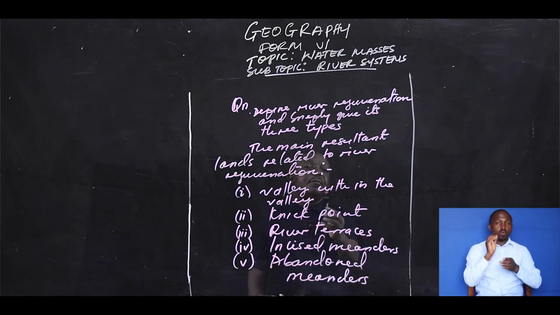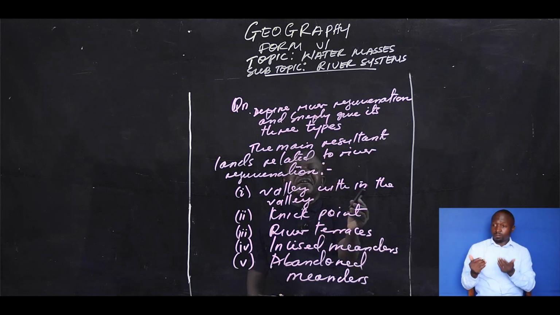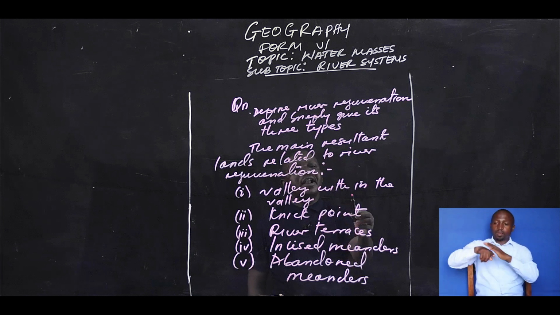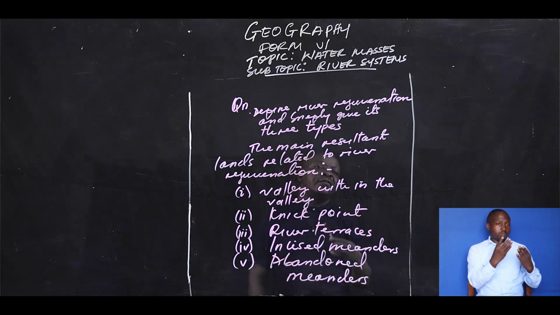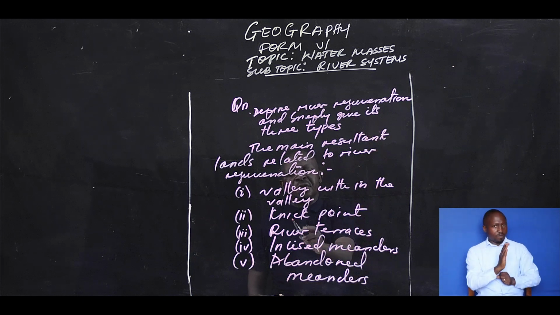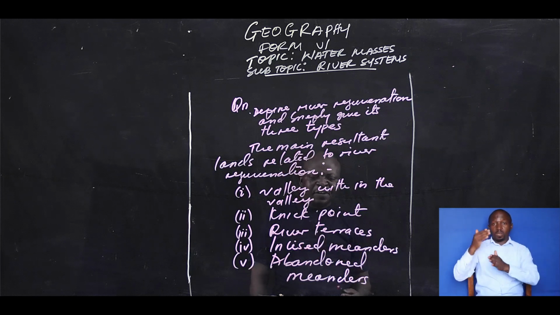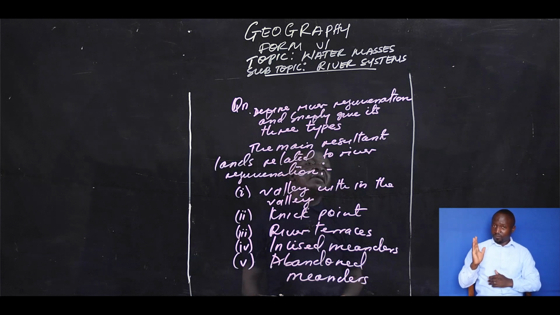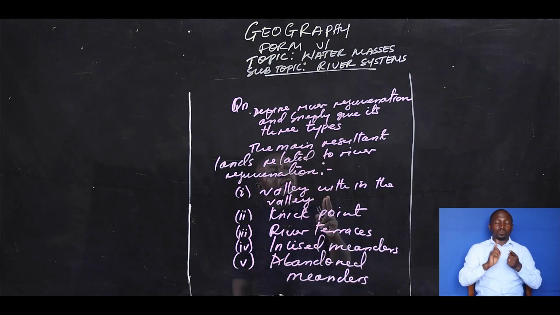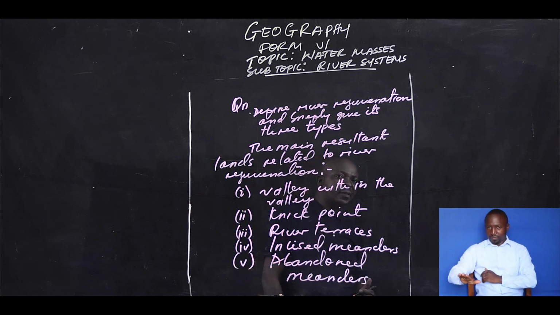It is also important to include diagrams. You can illustrate the occurrence of valley within the valley relative to river rejuvenation. Do the same for nick point, river terraces, incised meanders, and abandoned meanders. Now to start with the valley within the valley.